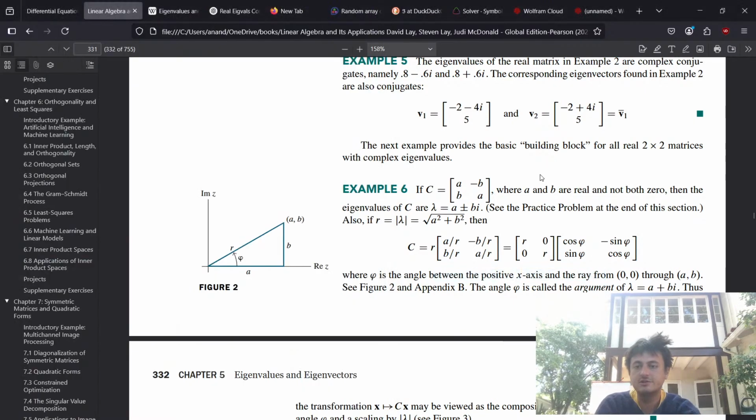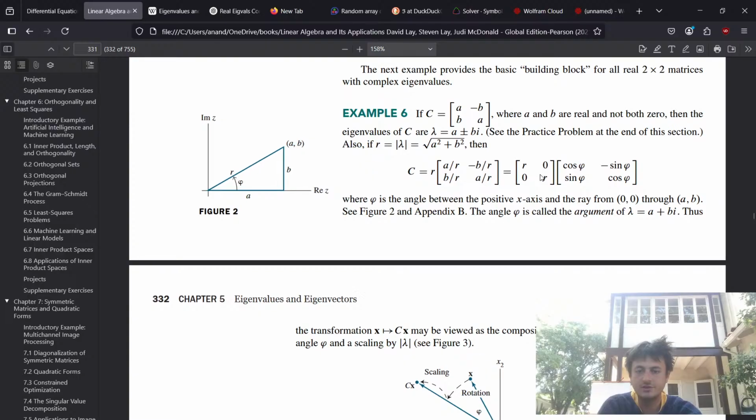Is it 30 degrees? And then how do we find R? So then R is equal to, so then the R matrix for scaling is A squared plus B squared? Oh, the square root.